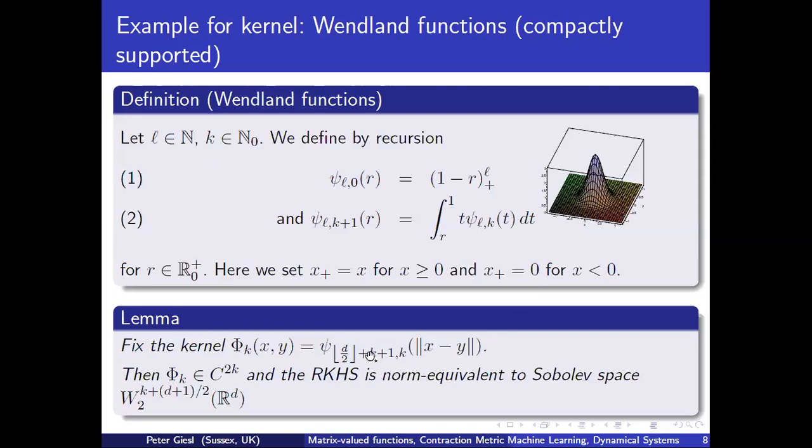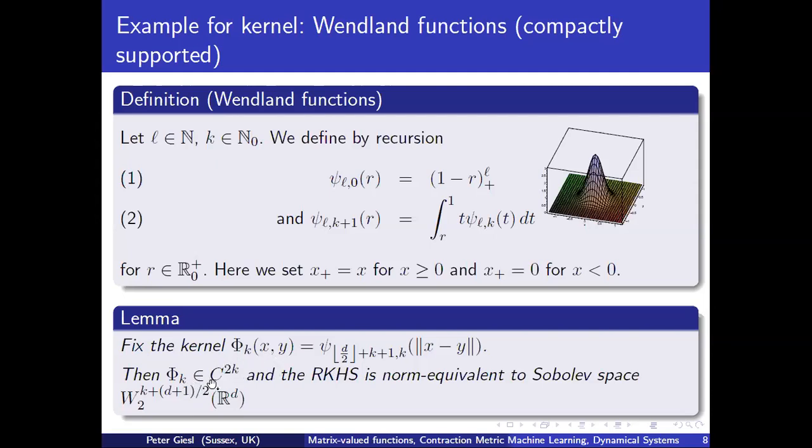And if we use this relation between the two coefficients L and K, where L is defined in this way, we fix a k and then L is given by this expression, floor of k plus 1 plus dimension over 2, then this is a kernel.